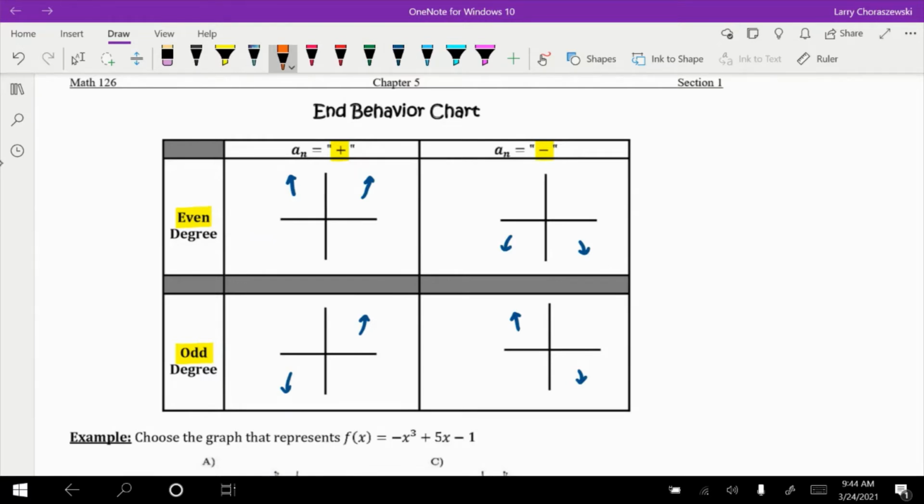And a little trick here is just to note that odd starts with the letter O, and so does the word opposite. And so what I mean by this is that the ends are pointing in opposite directions. Okay, we have one pointing up in quadrant 1, the other down in quadrant 3, and then one in quadrant 2 and one in quadrant 4. So the ends point in opposite directions.